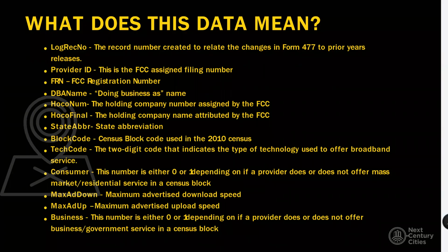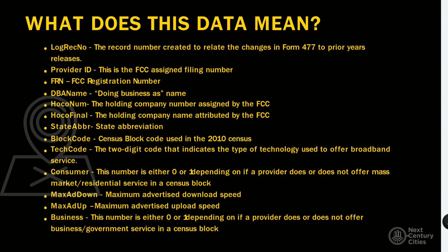So here I've listed out the column headings for the CSV file that I've just shown. The log rec number is the record number that's created to help relate changes in Form 477 data to prior releases of the same. The provider ID is the number that the FCC has assigned to the filing, and the FRN is the FCC's registration number that's assigned to the provider.